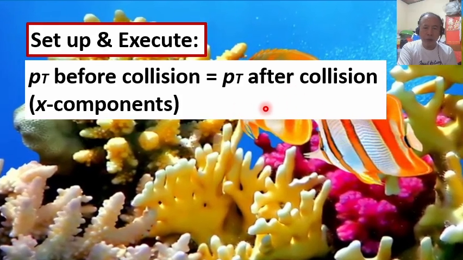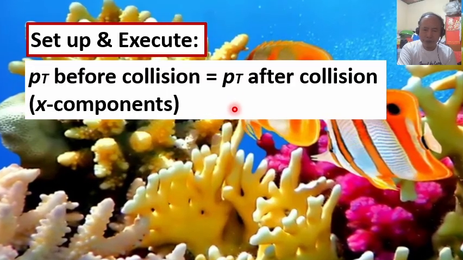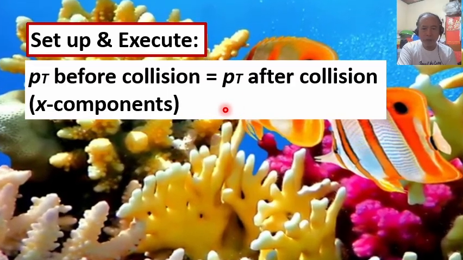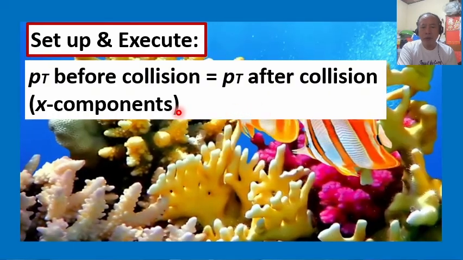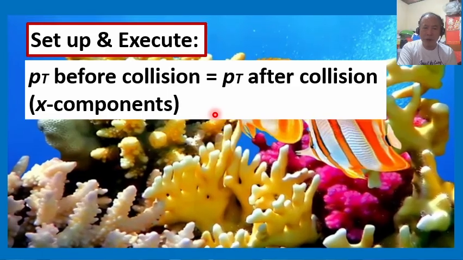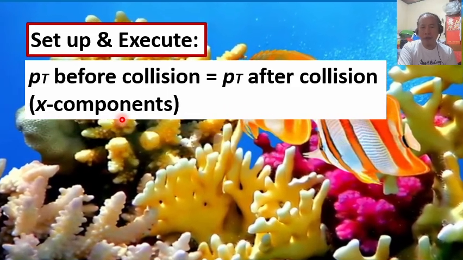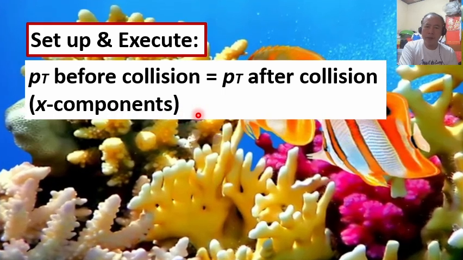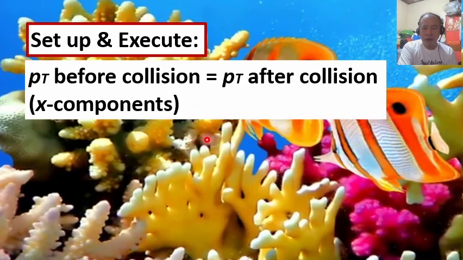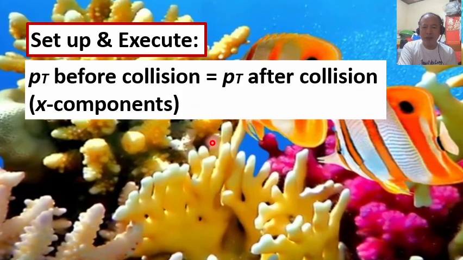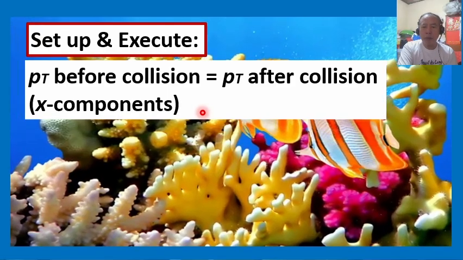So first, we have to apply this law in describing the momenta of the two particles before and after the collision for the x component, right? Remember that the situation concerns a two-dimensional motion of the two particles.